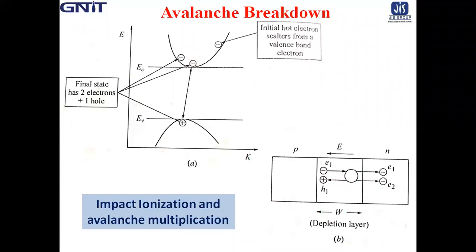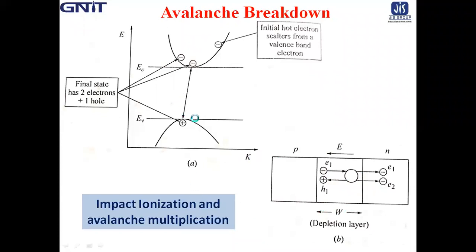Thus, the number of current carrying charges, that is electrons and holes, get multiplied, and this process is known as avalanche multiplication.